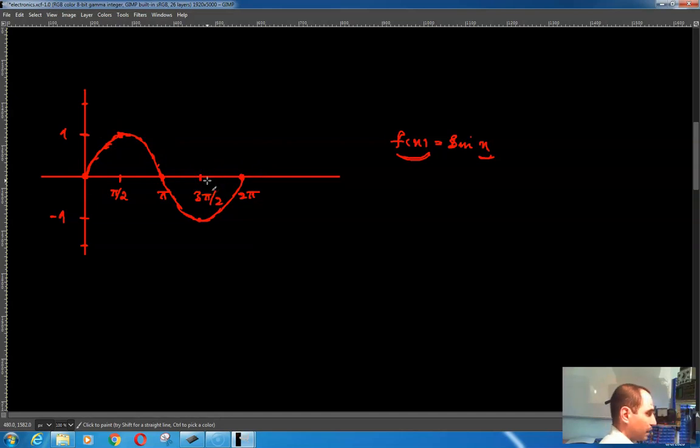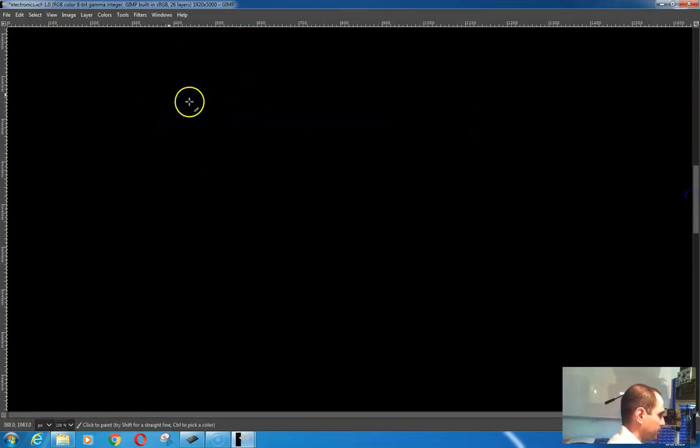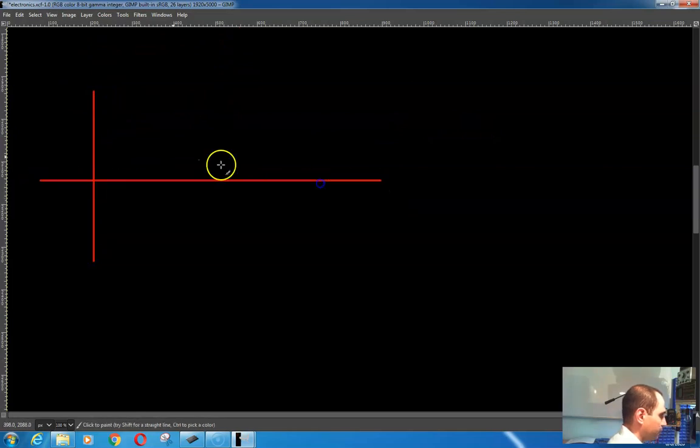So usually you will get a wave like this. When it comes to an AC wave, let's say that this is pi by 2, this is pi, this is 3 pi by 2, and this is 2 pi. And let's say that this is some voltage that you have.